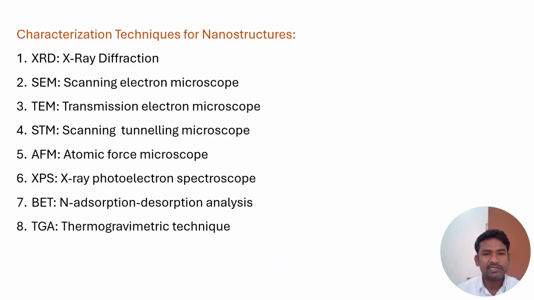These are a set of techniques that come under microscopic techniques, and then we'll move to the spectroscopic techniques, which is X-ray photoelectron spectroscopy, and then BET analysis, which is otherwise called nitrogen adsorption desorption analysis, and at the last thermogravimetric technique. So these are the set of techniques available to characterize the nanostructure, to understand the structure and properties.